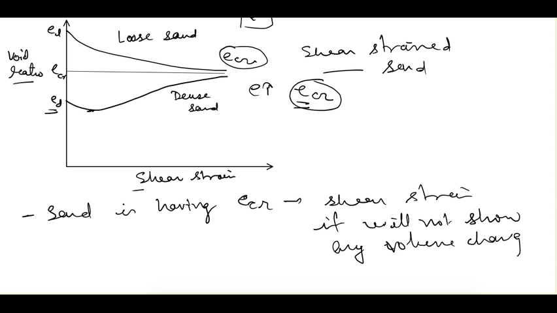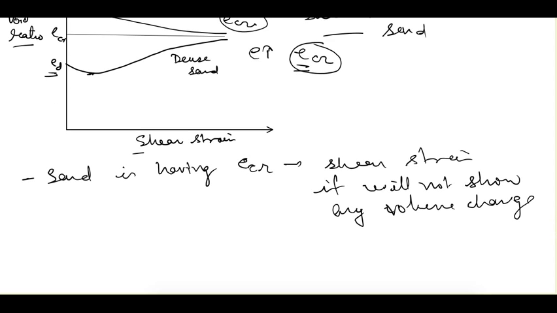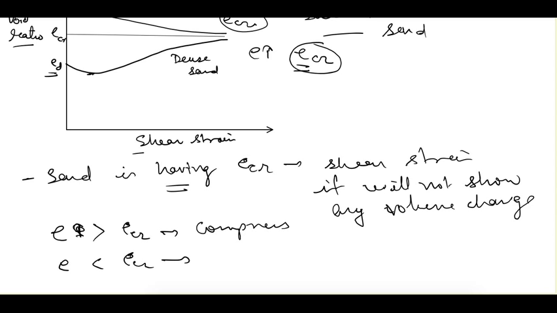So if we can find out this critical void ratio, then we can say that if the void ratio is more than critical void ratio, then the soil will compress, and if the void ratio is less than critical void ratio, then the sand will dilate. So this is an important result.